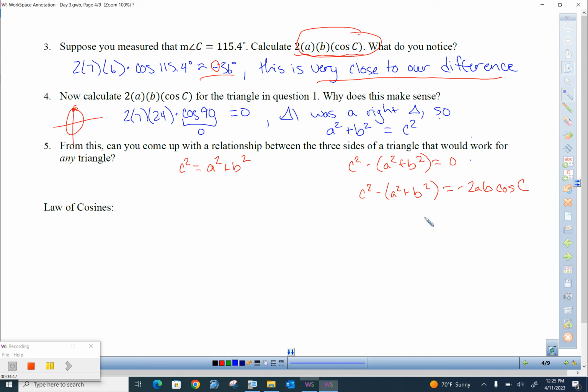But I want the stuff all on the same side. And so what that looks like for us is c squared equals a squared plus b squared minus 2ab. And a lot of times you'll see me write it with a times cosine c. You'll see why here in a minute. But I want to show you this is equivalent.